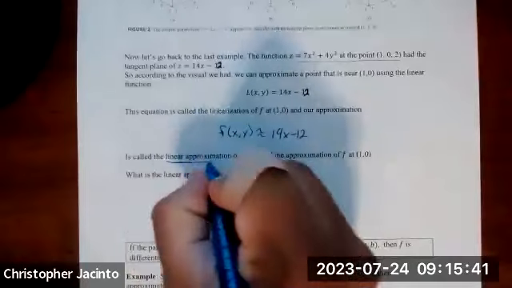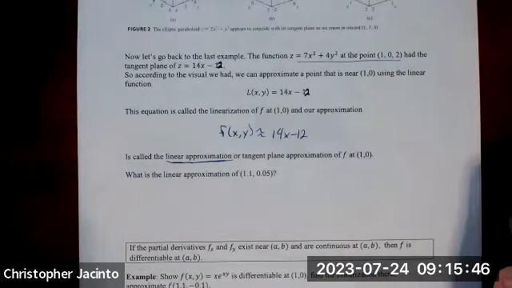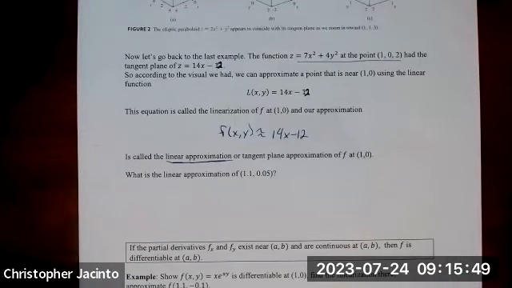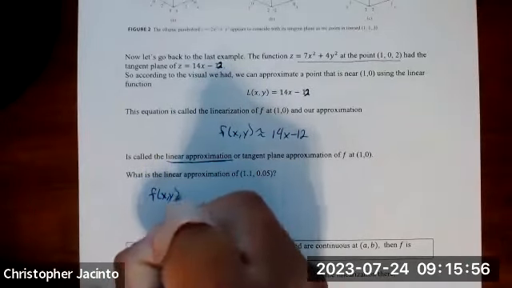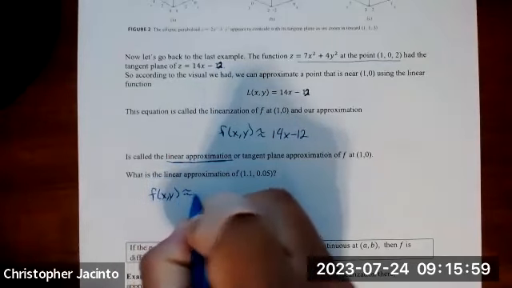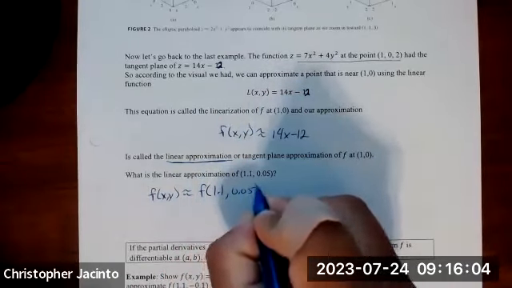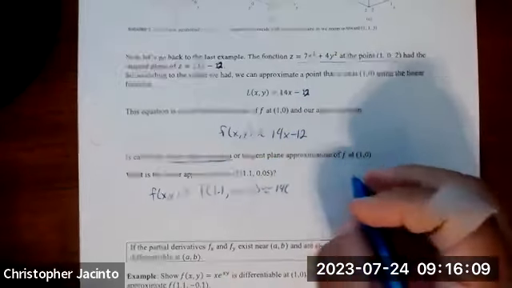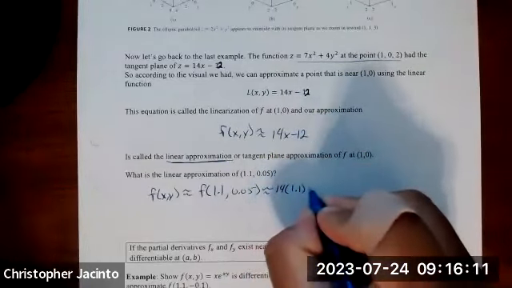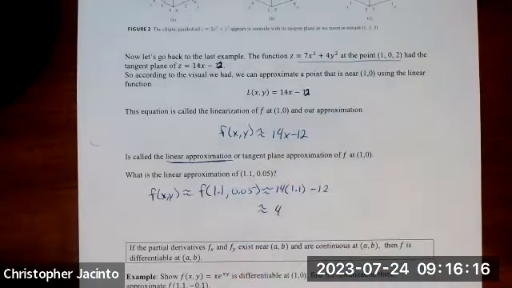So how do we actually use this? Let's suppose we want to find a linear approximation of 1.1 comma 0.05. What that means is I'm going to plug the point into our linear approximation model, and we just find out what we get.